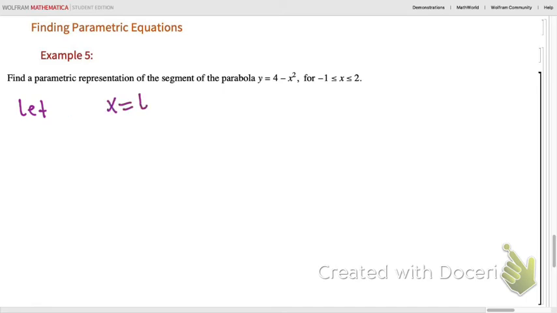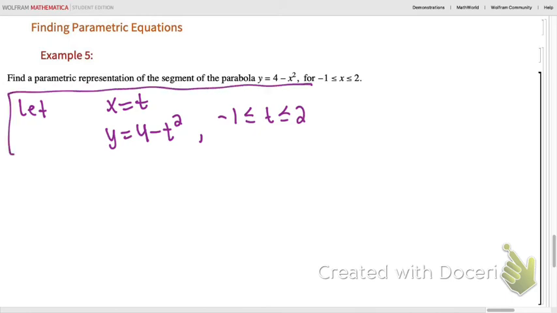And then since y is 4 minus x squared, y becomes 4 minus t squared. And since x and t are identical, my value of t is just going to also be between -1 and 2. Okay, so that's one way to do it.